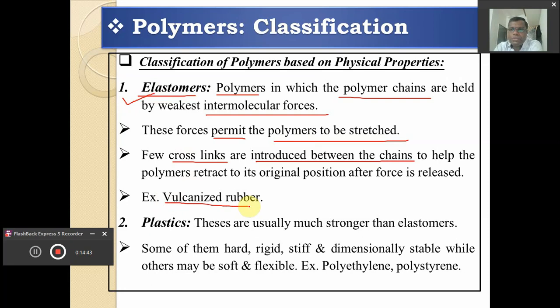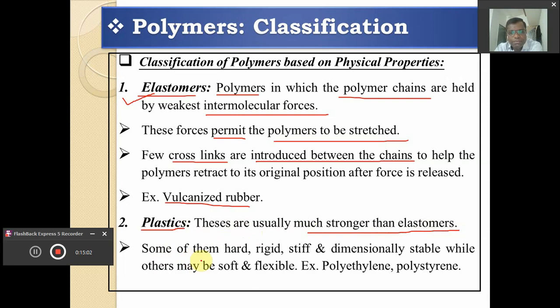Dear friends, based upon the physical property, the next type of polymer is called plastic. You know very well about plastic. What are the physical properties of plastics? These types of polymers are usually much stronger than the elastomer.